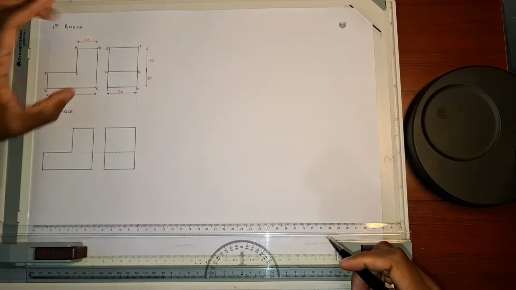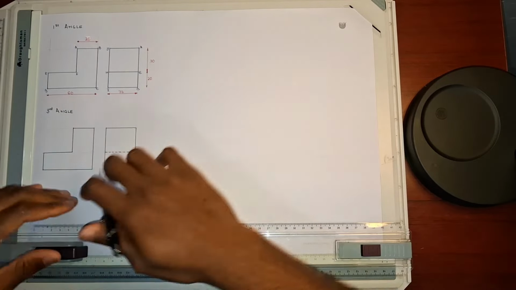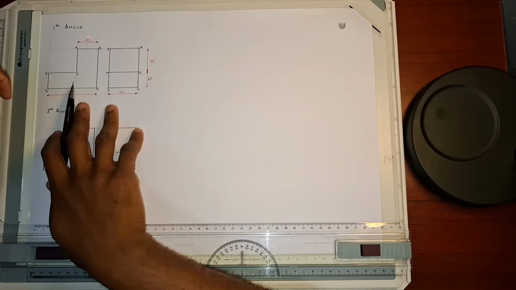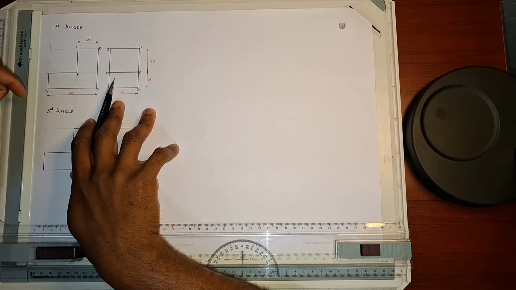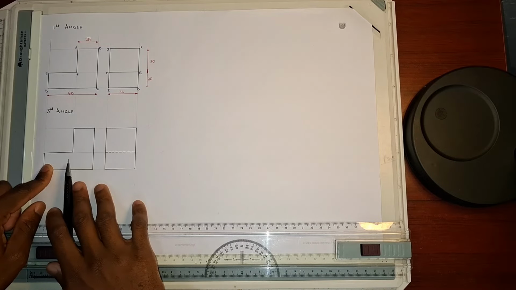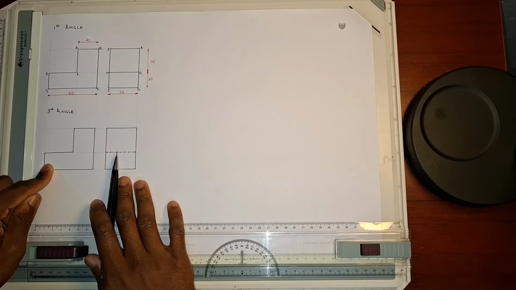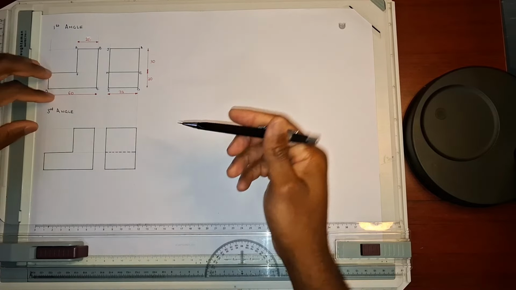Now, let's focus on this one and draw this one first, right? When you look at this one, you can easily tell that this is the front view, and that should be the left view. When you look at this third angle one, this one can still be the front view, and this one is the right view. Not that it can, it actually is the front view, and this one is the right view. Now, let me show you the difference between the two.